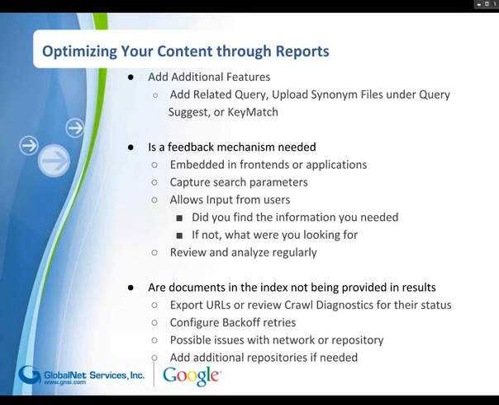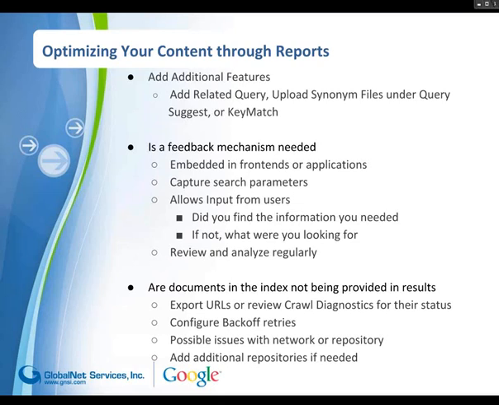To help with users finding information, we can use built-in features like related queries, key matches, synonyms, dynamic navigation to help users filter down results. Maybe we need to add some additional collections as well. That way users can search on different repositories or different areas within a site.